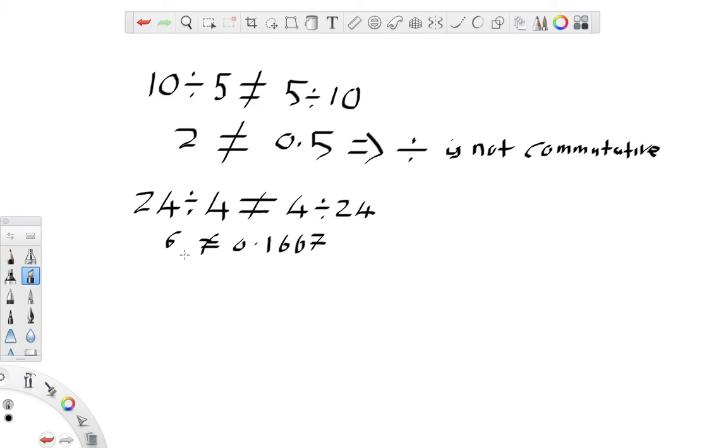So those two are obviously not equal, so we're happy that division cannot be commutative, because what is commutativity?